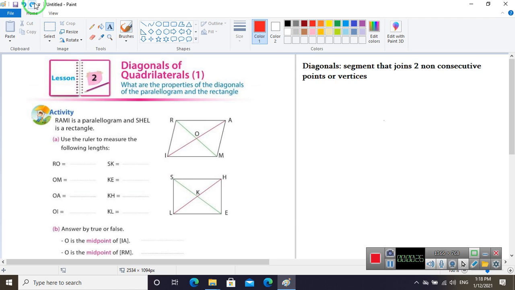What's the meaning of consecutive? As you know, that means next to each other. So RA is consecutive, but non-consecutive like RM, IA. They are non-consecutive, and this shape is called a parallelogram. Let's learn some characteristics about the diagonals of a parallelogram.